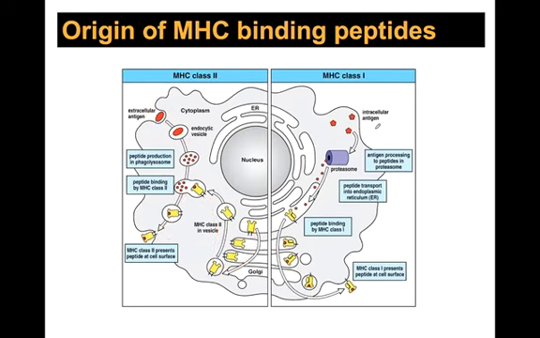Now remember, for MHC1, you're really surveying for infected cells, so you're looking for stuff that's already in the cytoplasm. In this case, we have some viral antigens, and this is a much more regulated process. These antigens are fed into a protein complex called the proteasome.